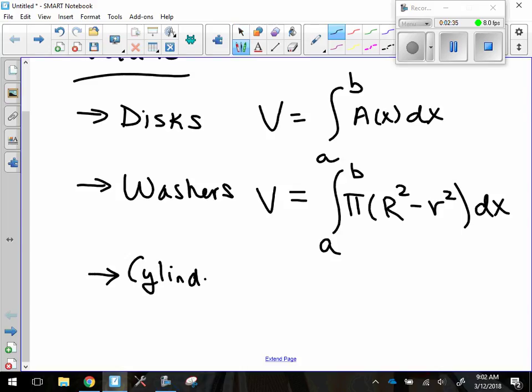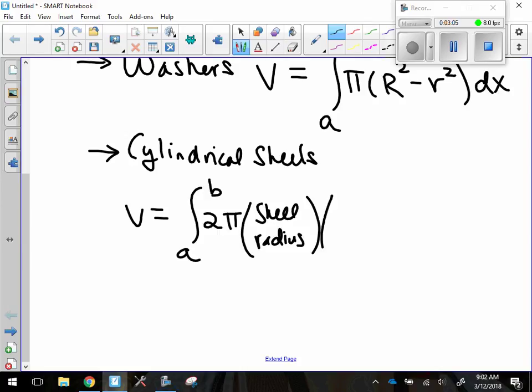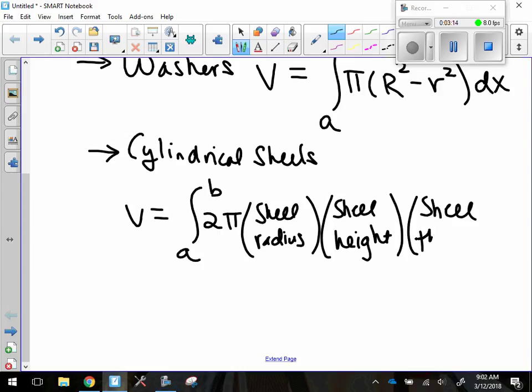Cylindrical shells. And as we'll see, cylindrical shells work for solids. They also work for things with holes in the middle. And the formula for cylindrical shells is, again, this integral from a to b, 2 pi times the shell radius times the shell height times the shell thickness.